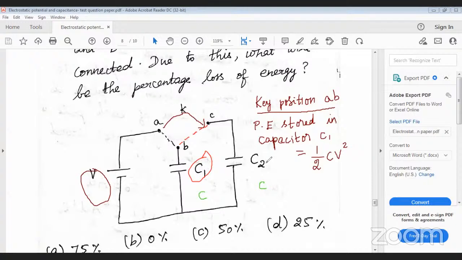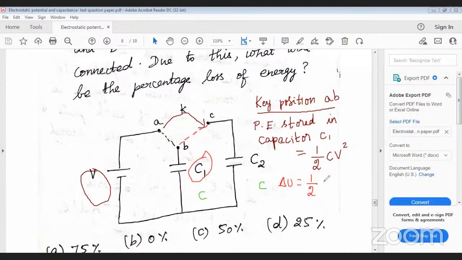Now we need to find out the energy loss. What is the energy loss now? Energy loss is given by delta U equal to half. Now you have both the capacitors included in series due to the key position like this.